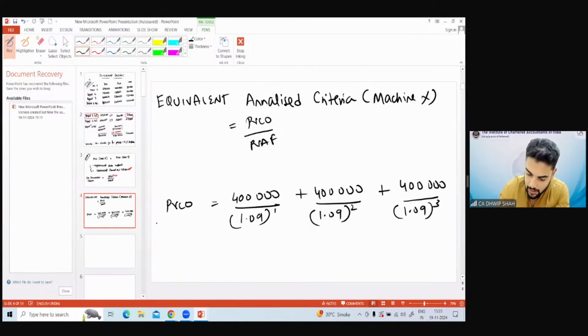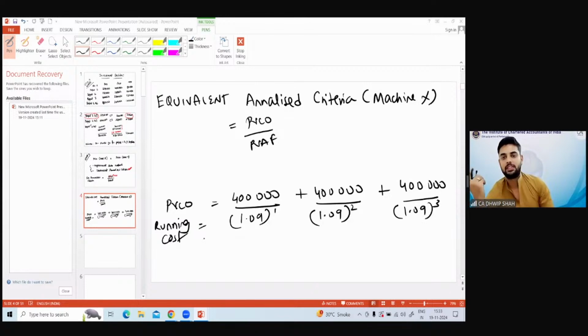This is the running cost. कितना आ रहा है डिस्काउंटिंग करने के बाद? How much is the present value of my running cost in total? How much does it come to? It can be anything, not just depreciation.